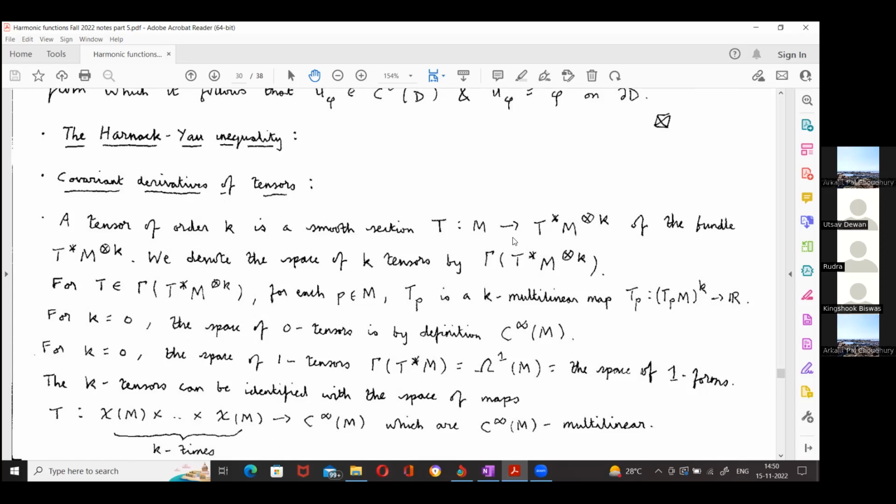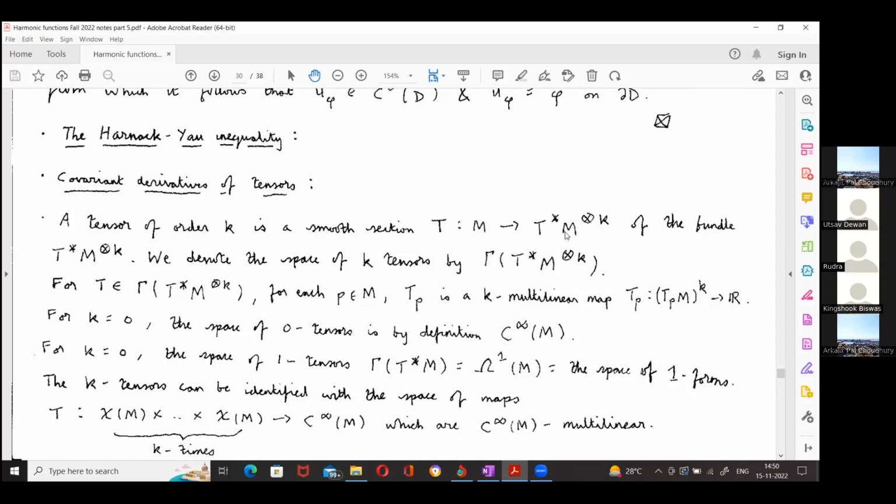Abstractly, it's a smooth section of the vector bundle of the kth tensor power of the cotangent bundle. What does this mean? That each point p, T_p, is an element of (T_p* M) tensor power k.